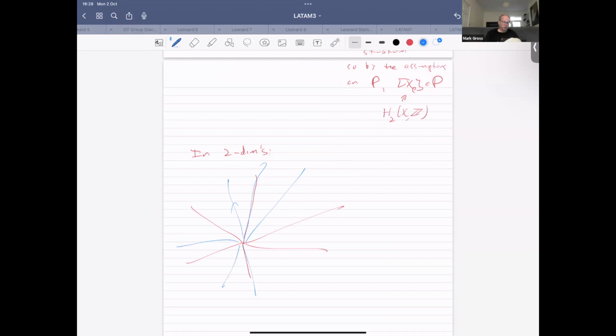And associated to a point, if x is over here, U_x is just a copy of C star squared cross Spec A_I.